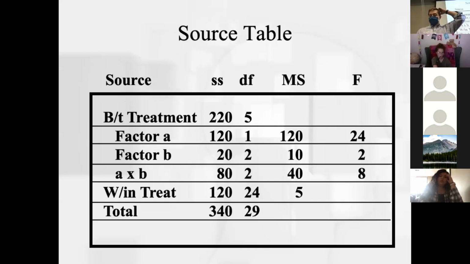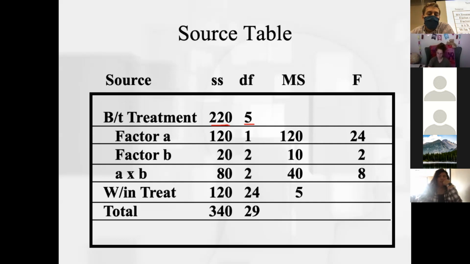All right, so let's plug everything we've just done into a table. All right, so we have the sum of squares between treatments of 220, and we know it has 5 degrees of freedom. Right, number of cells minus 1, 6 minus 1, 5. Factor A, we found, has a sum of squares of 120. It's the number of levels in factor A, so 2 minus 1 gives us 1.